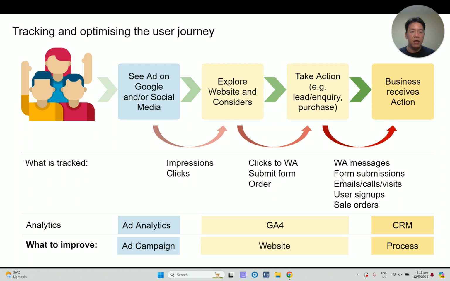And of course, if you're a direct e-commerce business, sales orders would be the most direct indication of your product being well received, and of course your ad performance being validated. So these are the things that are being tracked in each step of the journey.